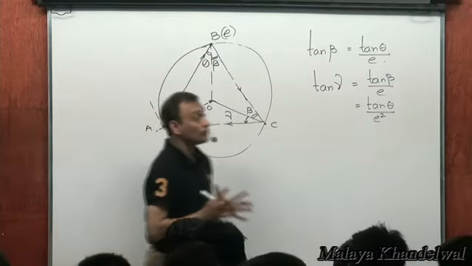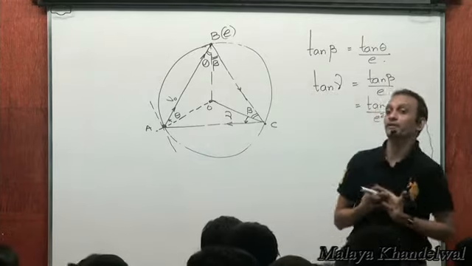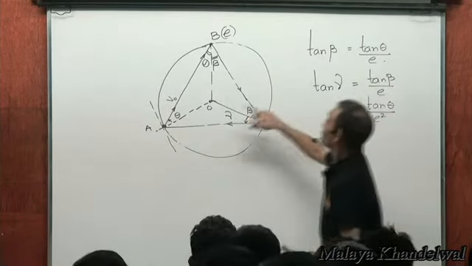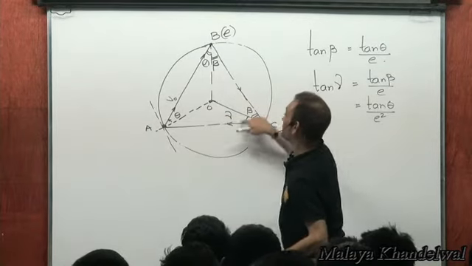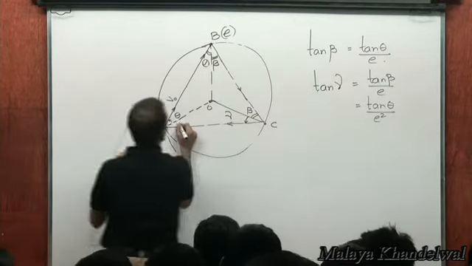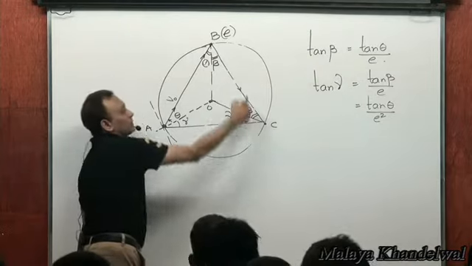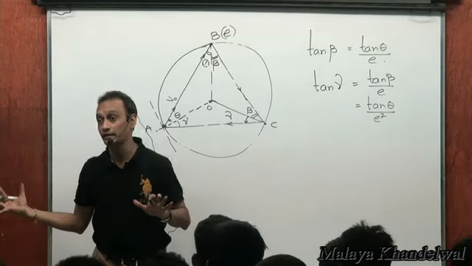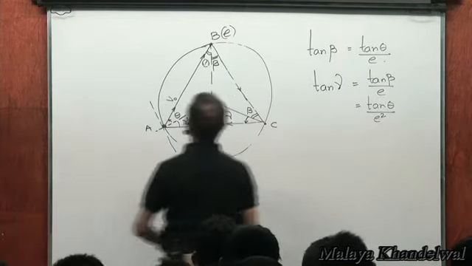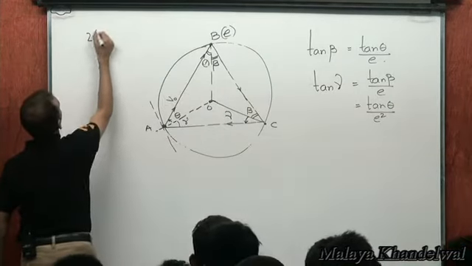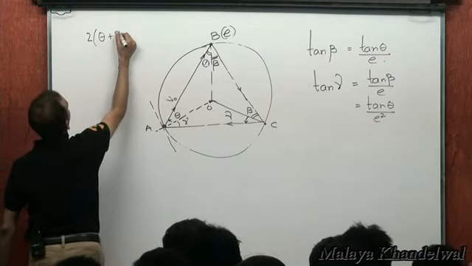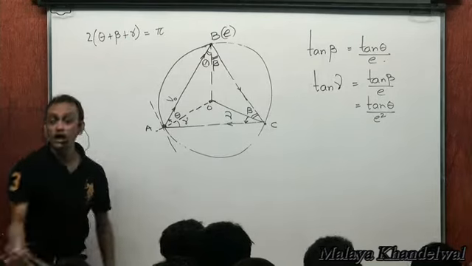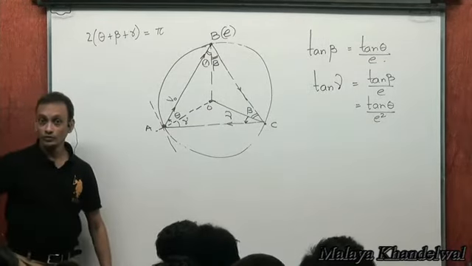Now for this to be a triangle, what's required? 2 theta plus 2 beta plus 2 gamma. This is gamma, so this must also be gamma. 2 theta plus 2 beta plus 2 gamma must be 180 degrees for this to be a triangle. So twice theta plus beta plus gamma must be 180 degrees in order that it could come back to the starting point.